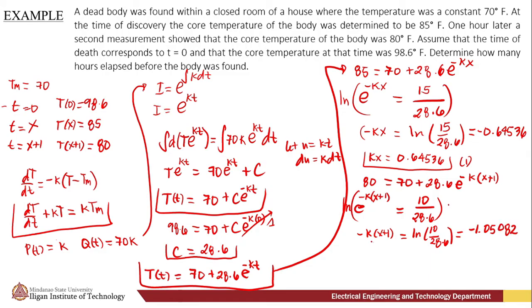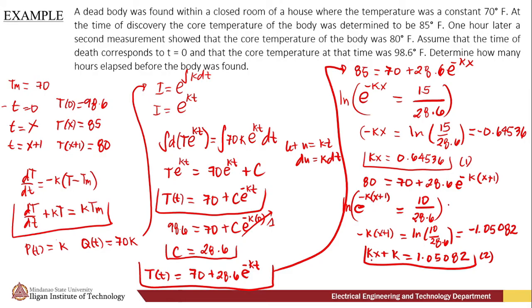Distributing k and dividing the whole equation by negative 1, we have kx plus k equals 1.05082. So this one is our second equation. We have the value of kx, which is 0.64536.